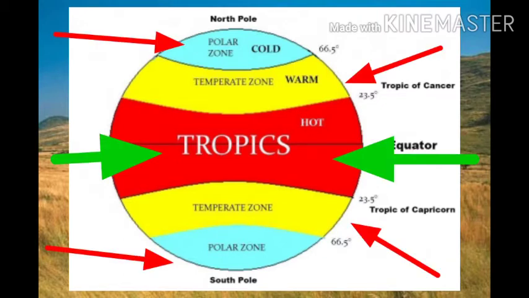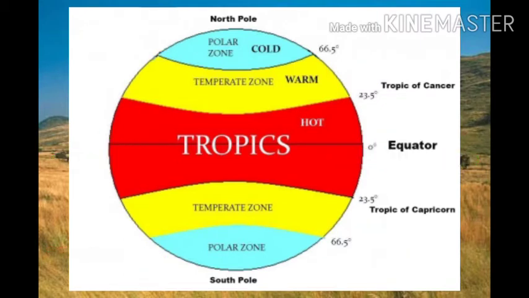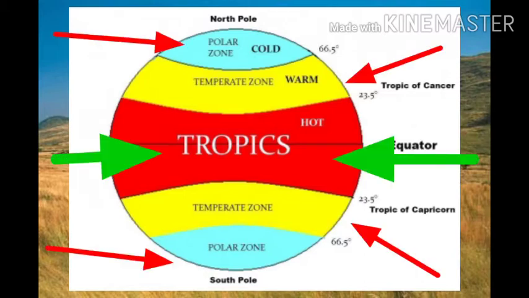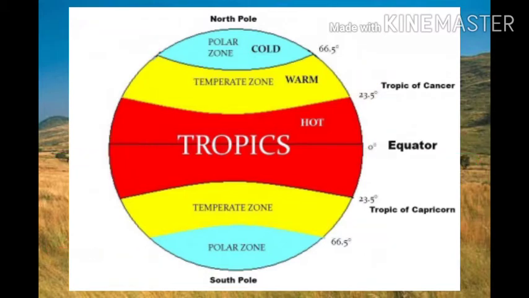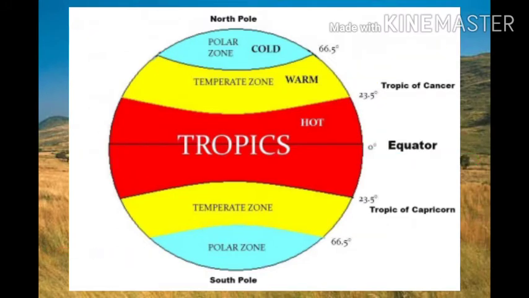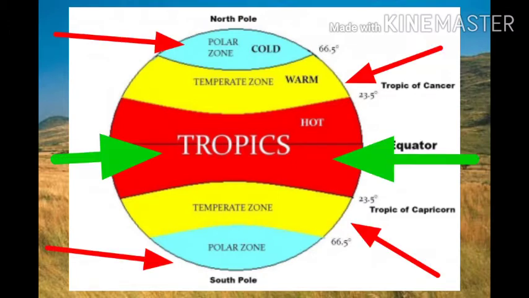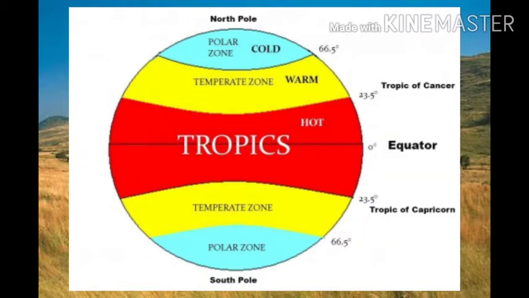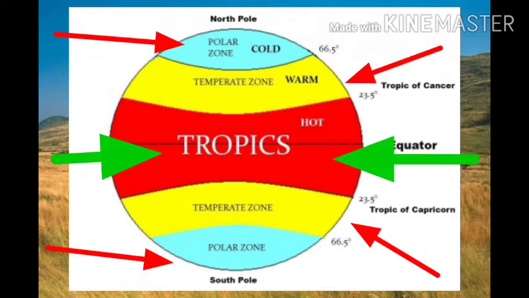And if you see the blue color, the areas are from 66.5 degree to 90 degree. These areas are known as the polar zone, or we can say the North Pole and the South Pole. These areas have a cold climate and are also known as the tundras and taigas.